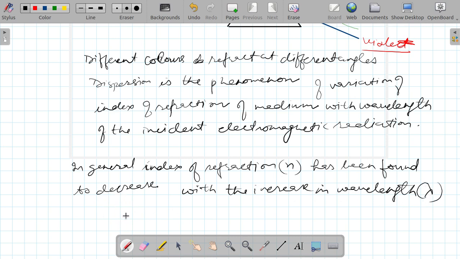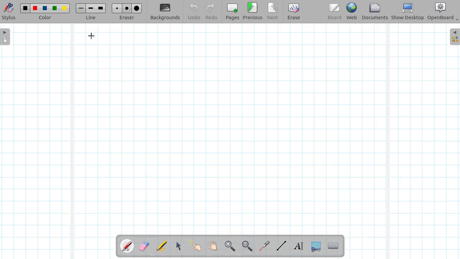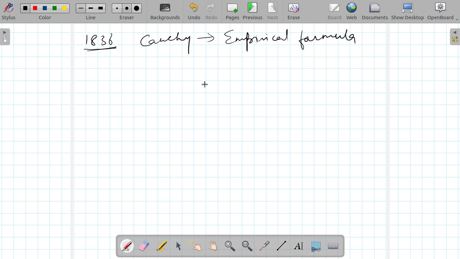So for all these things, in 1836 Cauchy derived an empirical formula for the dependence of refractive index on wavelength of the medium in the region of normal dispersion.